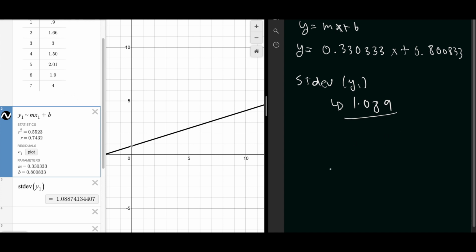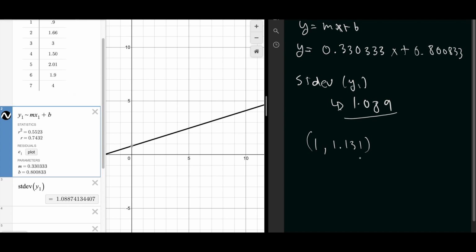So let's calculate that. Let's take 1 point, so let's do 1 in this case. At 1 hour after market open, the stock should be at $1.13. That's the coordinate of 1 hour after the market opens on the line of best fit.